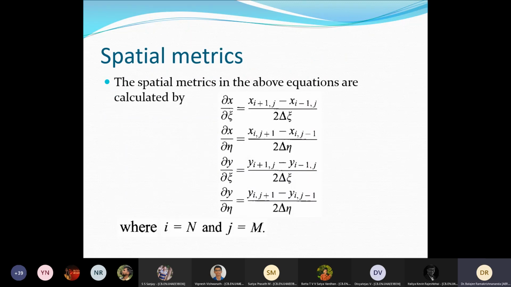So the spatial metrics can be calculated. ∂x/∂ζ is from the earlier known x(i+1, j) minus x(i-1, j) divided by 2Δζ, which is central differences. Similarly, you can calculate ∂x/∂η and the other metrics. So these parameters, ∂x/∂ζ, ∂x/∂η, ∂y/∂ζ, ∂y/∂η, are known as metrics.